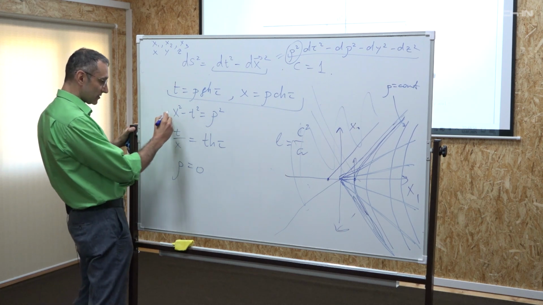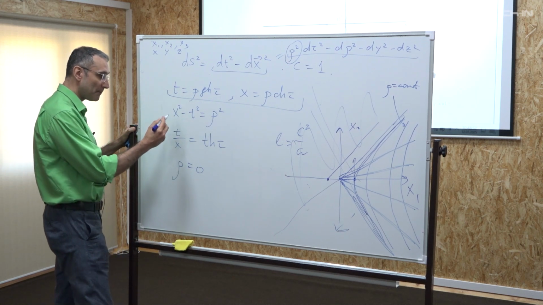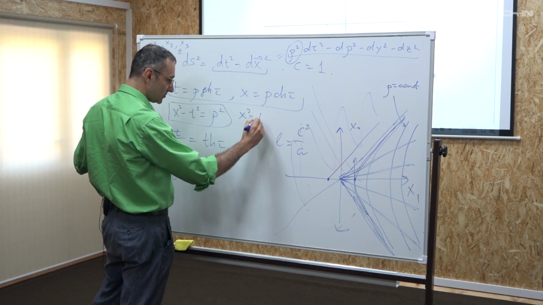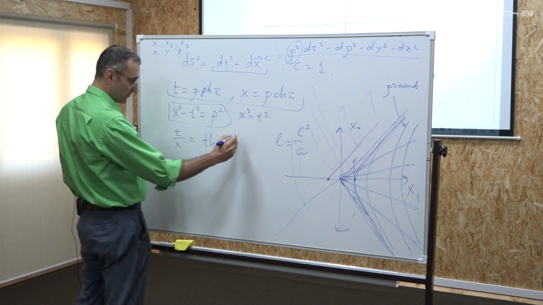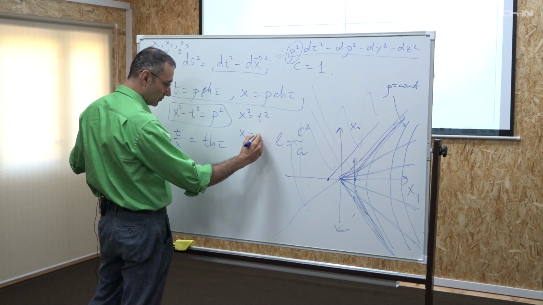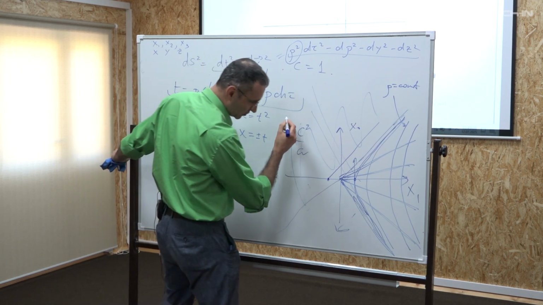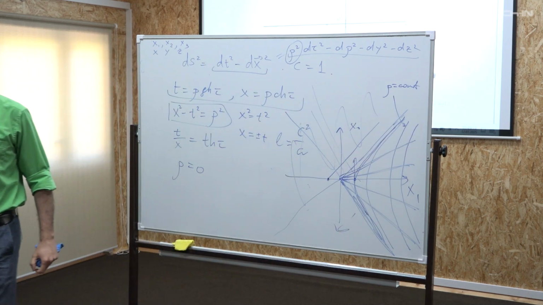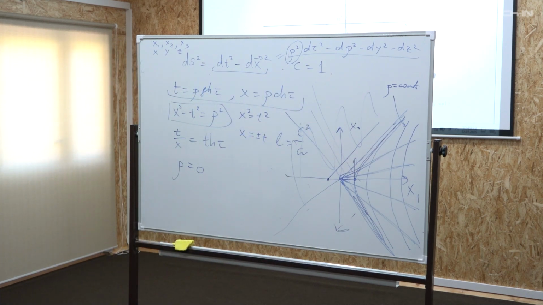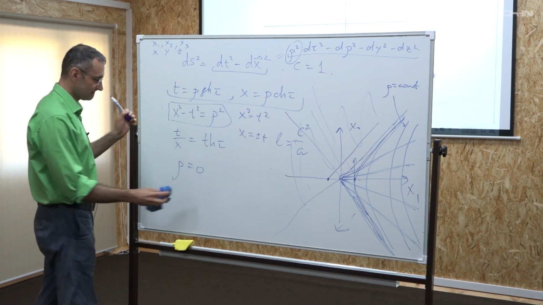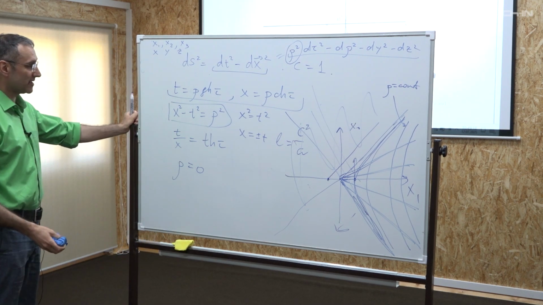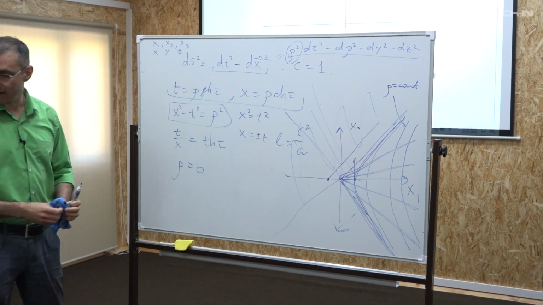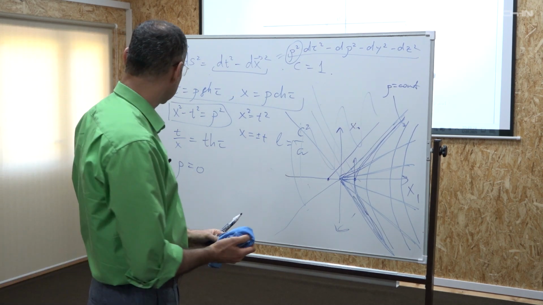And rho equals 0 corresponds not to a point, but to x squared equal to t squared, which can be solved as x equal to plus minus t, which are these two lines, this line and this line. You see? Okay, that's the event horizon of this observer. Now I am transferring to black holes.